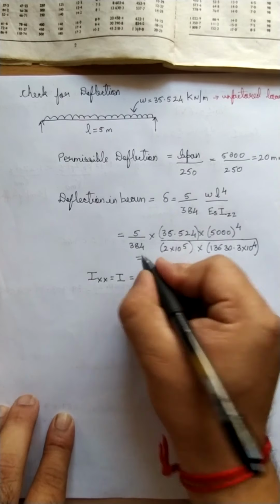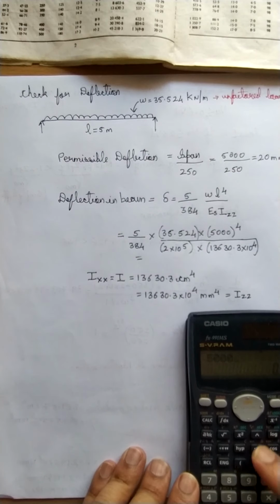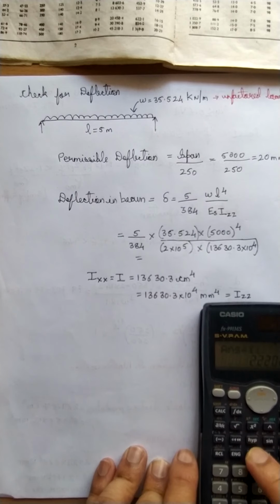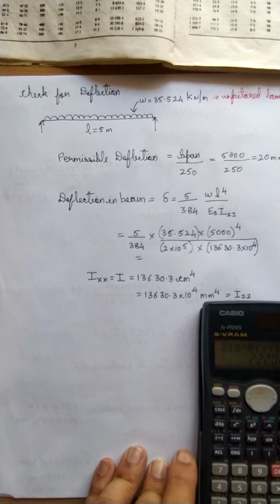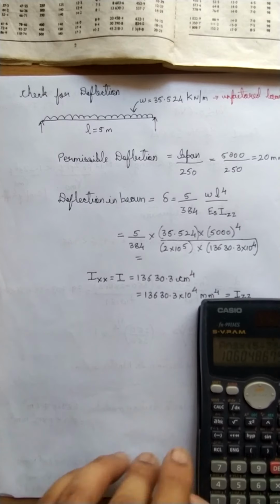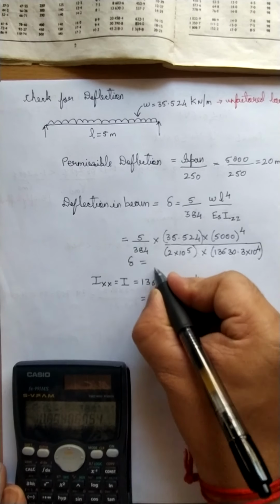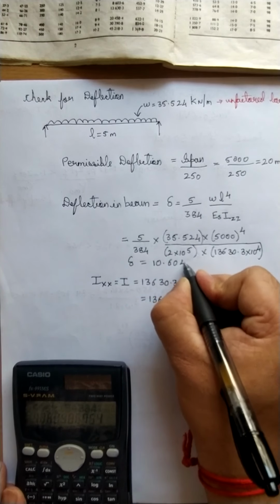Now let us check what is the deflection in the beam. So it is working out to be 10.604 mm.